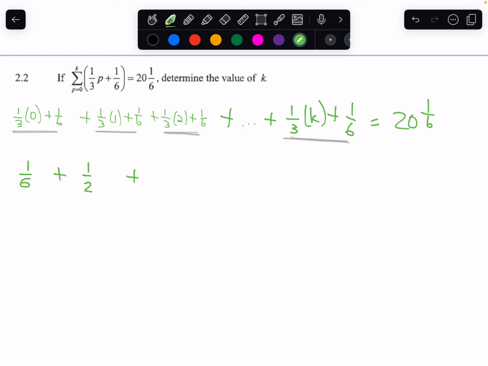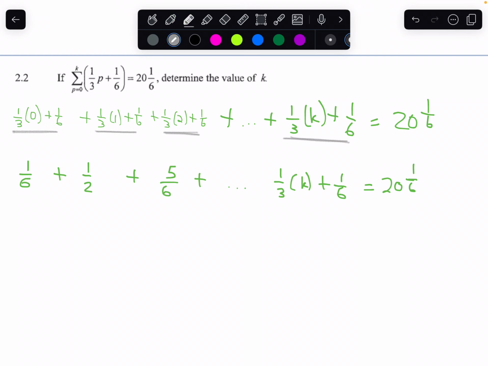The next one will be 2/3 plus a sixth, which is 5/6. And so it goes until we have a third times k plus a sixth, which I'm just going to keep like that for now.